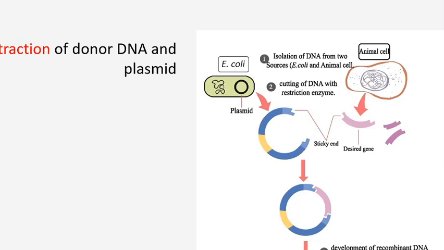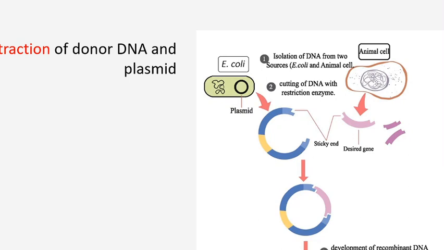We have collected a somatic cell from a human, and it has a nucleus, and inside the nucleus it has the 2-meter long DNA, which contains approximately 30,000 genes, but we don't need all of them. We only need the insulin gene.